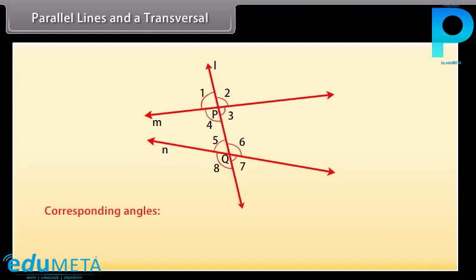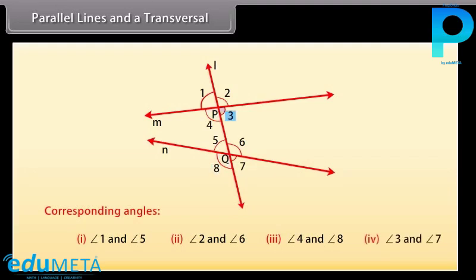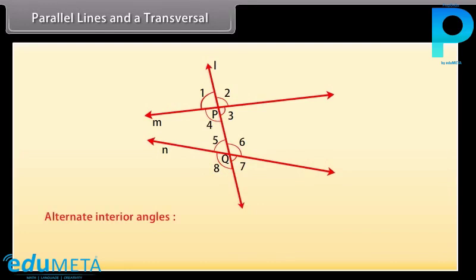First is corresponding angles. These are angle 1 and angle 5, angle 2 and angle 6, angle 4 and angle 8, angle 3 and angle 7. Second is alternate interior angles. Those are angle 4 and angle 6, angle 3 and angle 5.